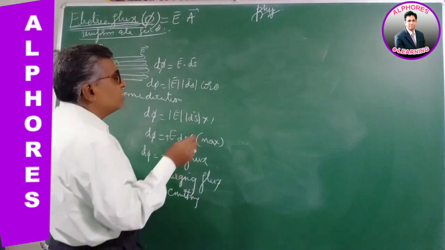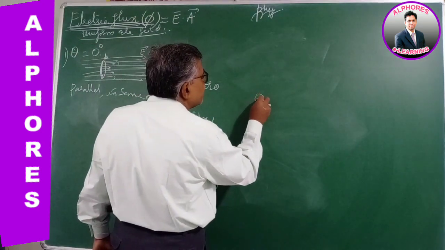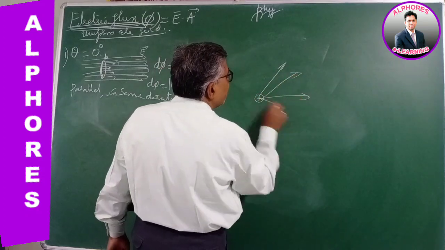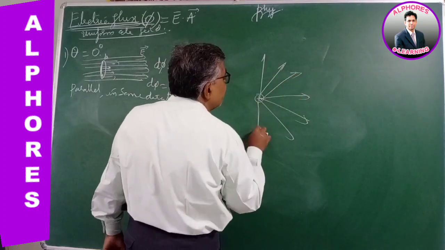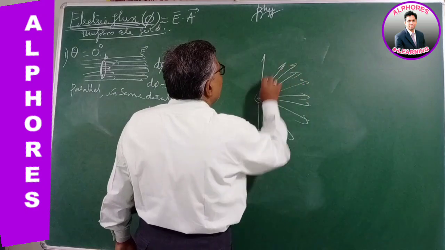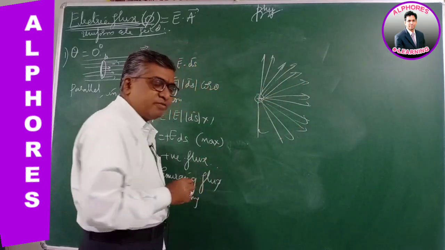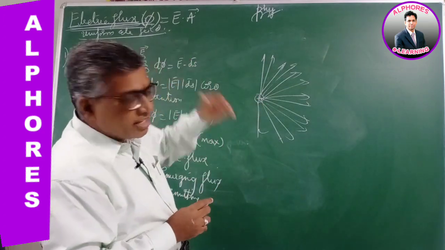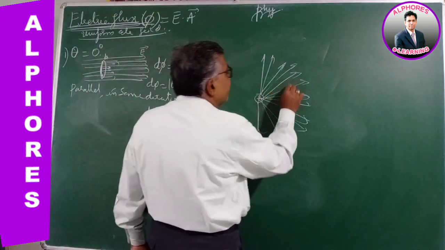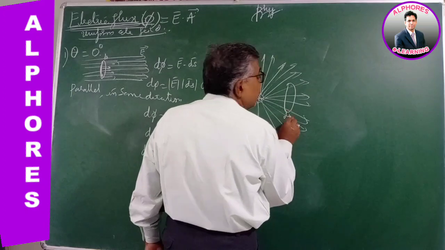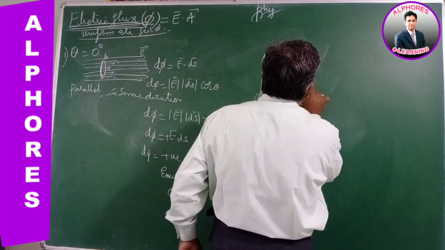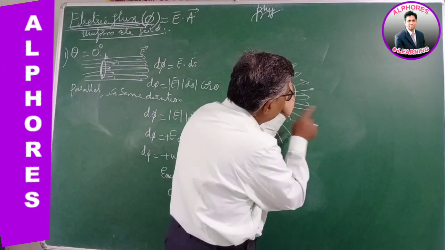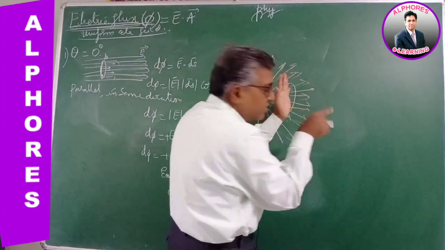For example, suppose I imagine a positive charge. We know a positive charge produces lines of force emerging away from it, extending up to infinity. Now if I consider an area element like this, and the normal to it is outside, the lines of force come out of it, emerging out.